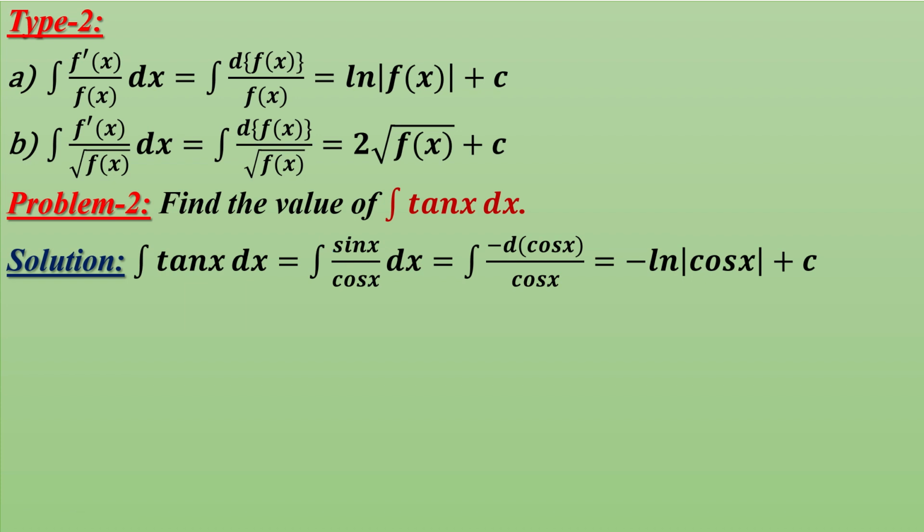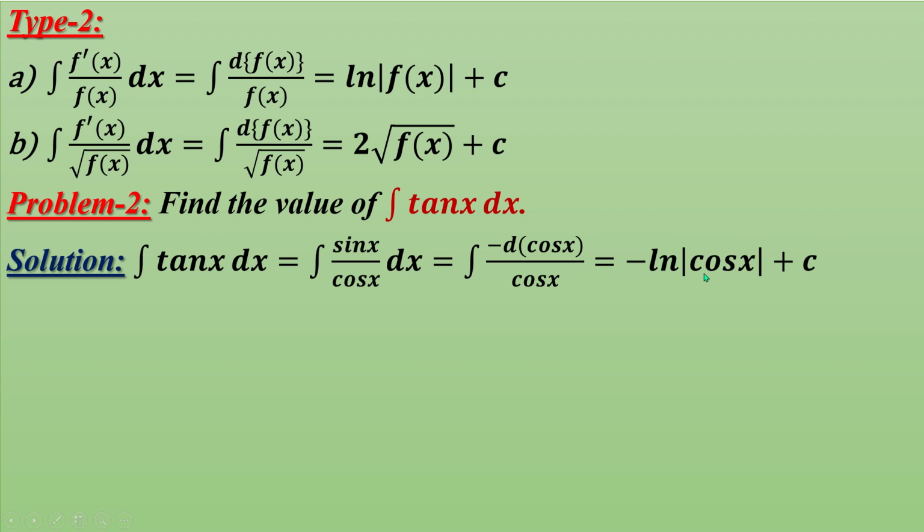So for getting this part we have to put a minus here, and this minus becomes plus, so we can write this, and this equals minus ln of cos x plus c.